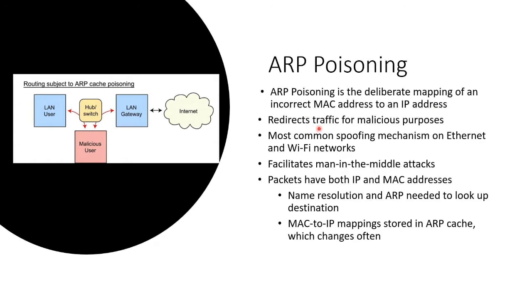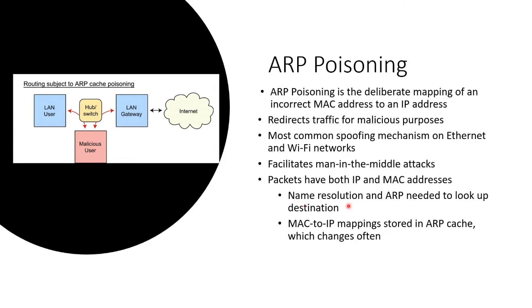So we redirect traffic for malicious purposes. It is used on Ethernet and Wi-Fi networks mostly. It allows us to do man-in-the-middle attacks. Packets have to have both IP and MAC addresses. So with ARP poisoning, the MAC is ours, but the IP is some server that we're impersonating.